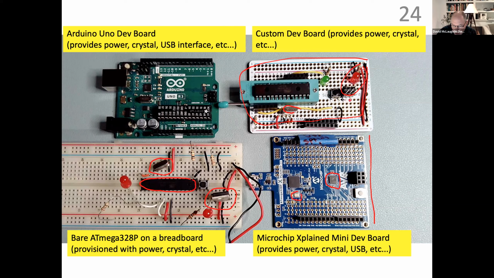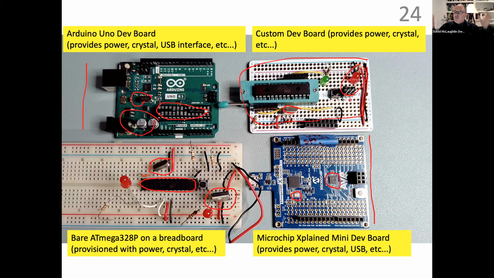I think this is the clock, right? And it also has voltage regulators and things on it. And another development board that we're using is the Arduino Uno. The Arduino Uno has the chip on it, right? It also has a clock on it, and it also has voltage regulators on it.